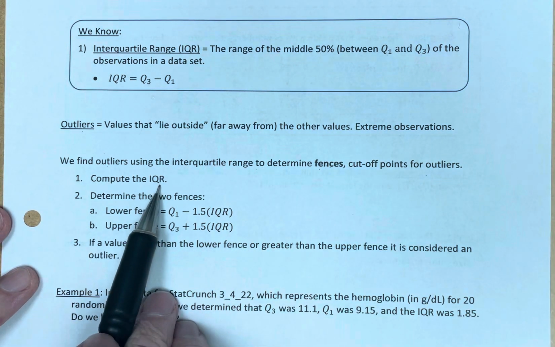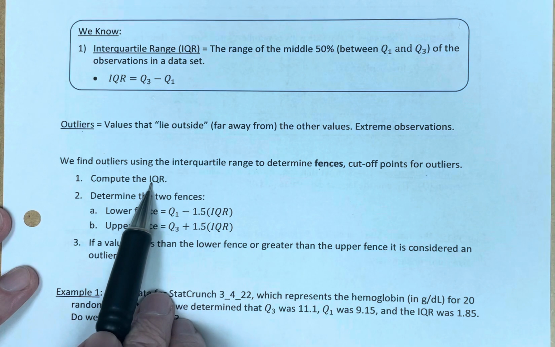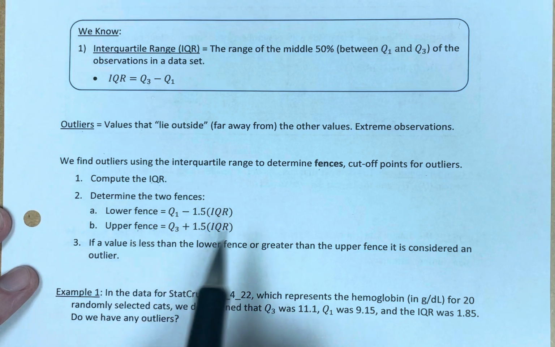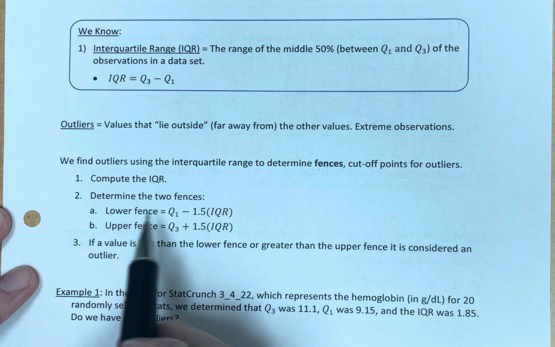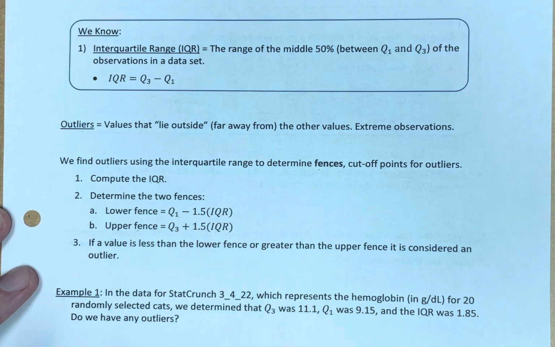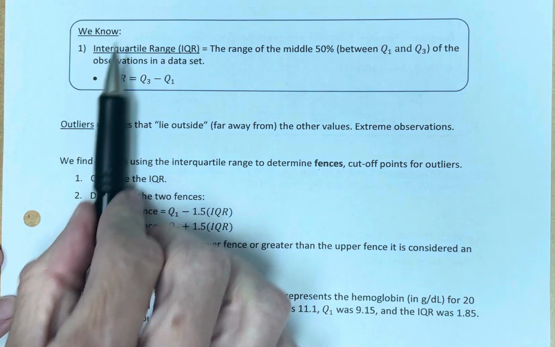Okay, compute the IQR. Of course, if we're going to use the interquartile range, we have to first compute that. We determine the lower fence and the upper fence. For the lower fence, take Q1 and subtract 1.5 times the IQR. That becomes where we're going to place that lower fence.